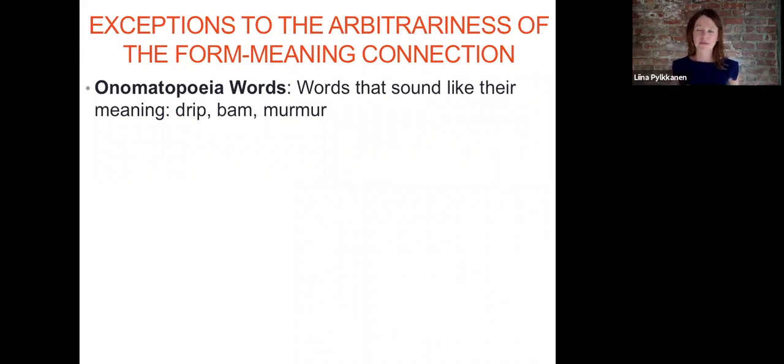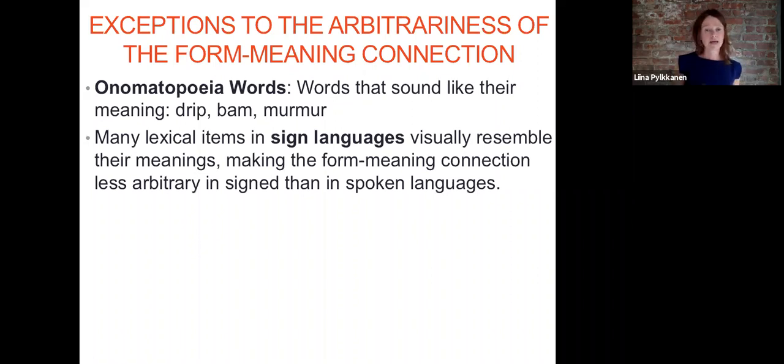So we do have some lexical items like that, where the sound of the word itself sounds like the sound that it refers to. And this kind of thing happens even more in sign language. Many lexical items in sign languages, which are visual languages, visually resemble their meanings.